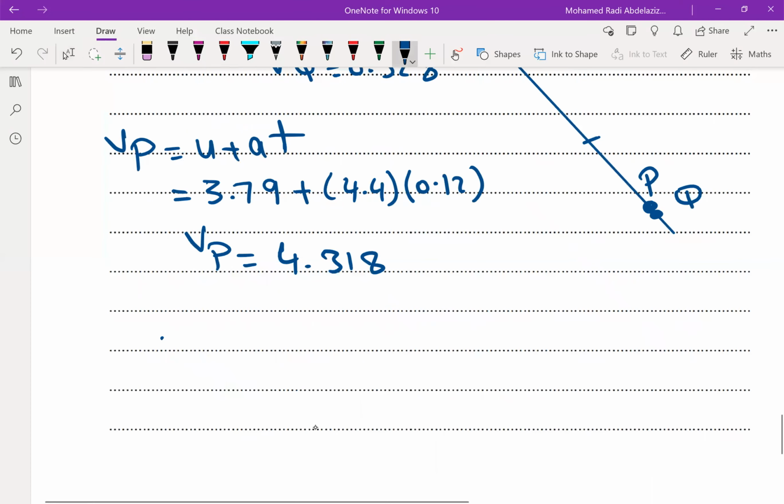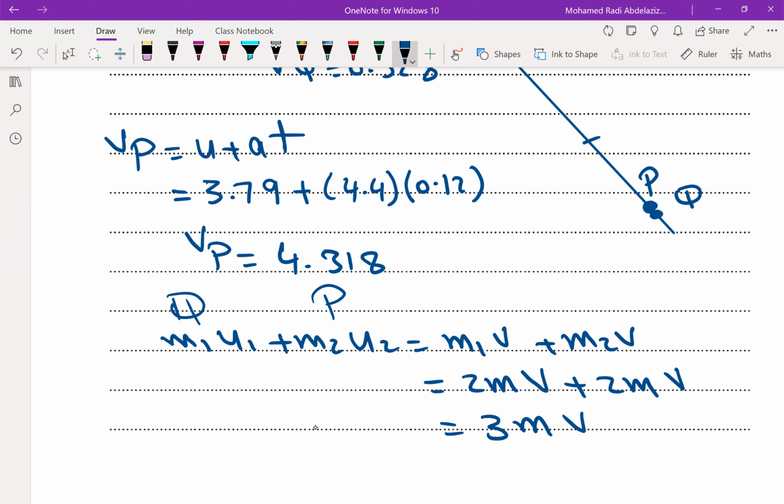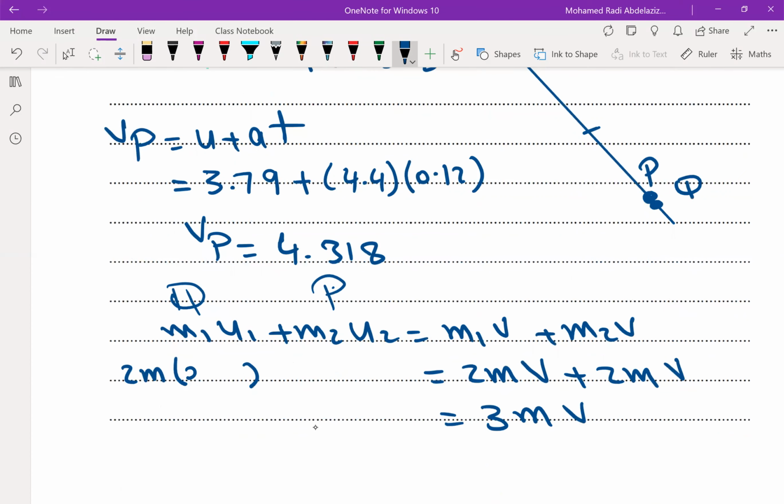Now, m1 u1 plus m2 u2 is equal to. Both now are one particle, so they move with the same speed. So I will write here V and V. For the right side, it's 2mv plus mv, so you can add 3mv. For the left side, this is Q, and this is 2m, and the velocity before the collision is 0.528, plus the mass of the particle P is m, and the velocity is 4.318.